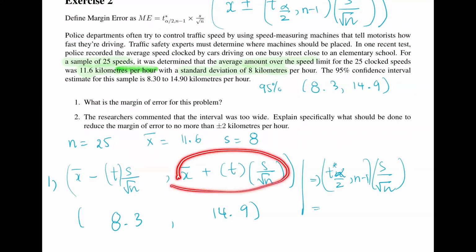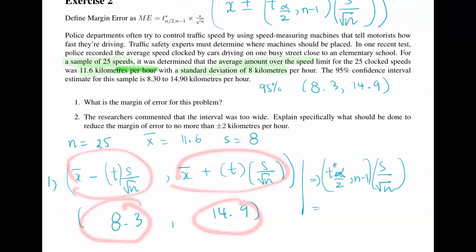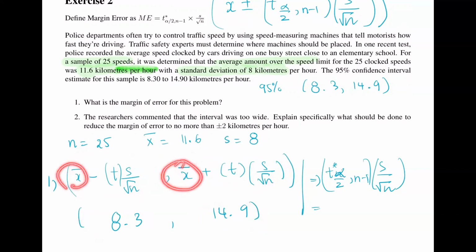I know this one is equal to this. I know this one is equal to this. And I know what is x bar. How can I find this term? Divide.